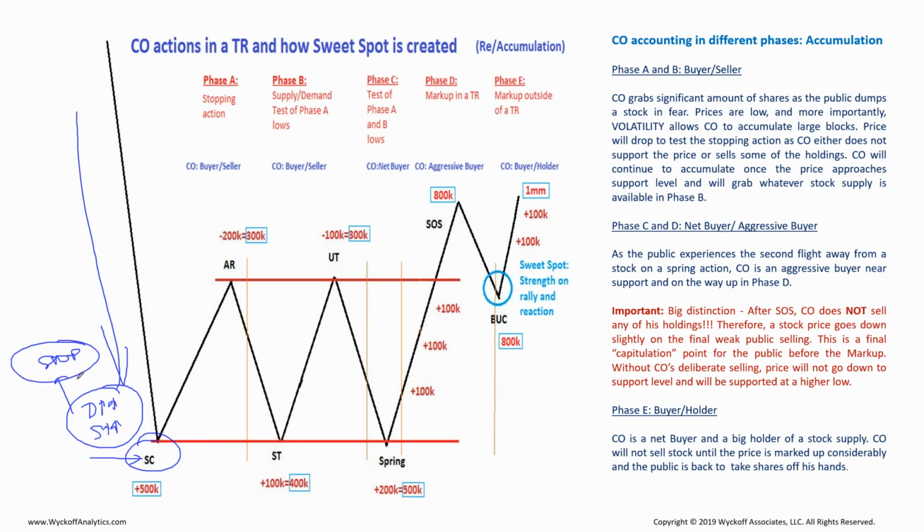Institutions are absorbing the supply from weak hands relatively fast. Their subsequent buying pushes the price up, and short professional traders covering their positions also produce a lot of buying behind that, and that pushes the price up and creates an automatic rally, which is such a different look from everything we've seen before.